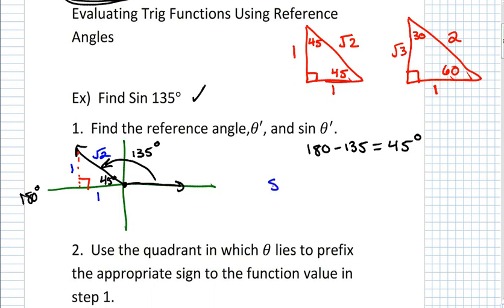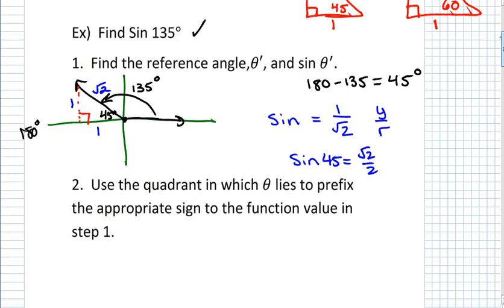So finding the sine of the reference angle, remember that's opposite, which is 1, over r, or y over r, so it's 1 over the square root of 2. And remember, you need to rationalize it. So the sine of 45 is the square root of 2 over 2. So we found the sine of the reference angle, square root of 2 over 2.